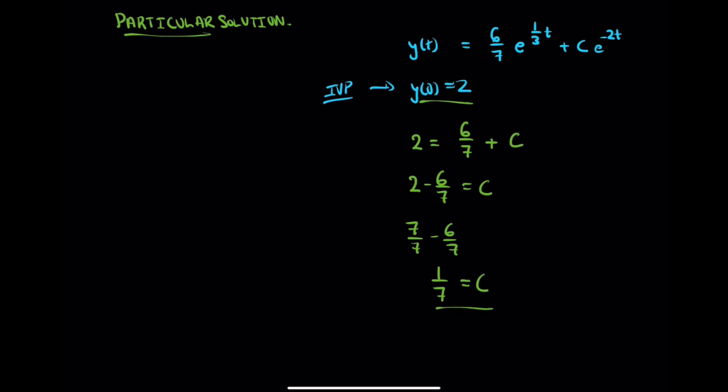So therefore, y(t), based on the particular solution, is 6 over 7 e to the 1/3 t plus 1/7 e to the minus 2t.